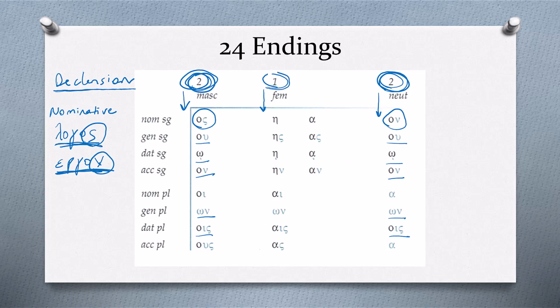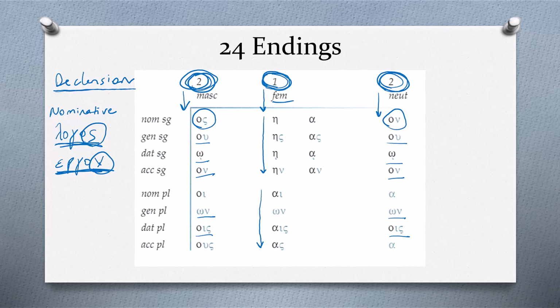But the first declension nouns, or the feminine nouns, are easy to identify because their stem vowel is going to be an eta or an alpha. So a lot of feminine nouns in the singular have a stem vowel of eta, but when they form in the plural, it shifts to alpha. That takes a little getting used to.